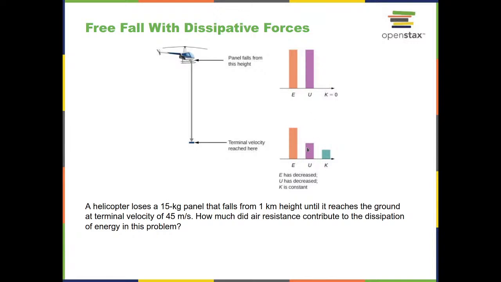We know what the final total energy is because we can calculate the potential energy, and we can calculate the kinetic energy because we're given the velocity. So we know the final total energy. That allows us now to calculate the difference between the two, and that will be the work done by the drag force. That's the work done by non-conserving forces.